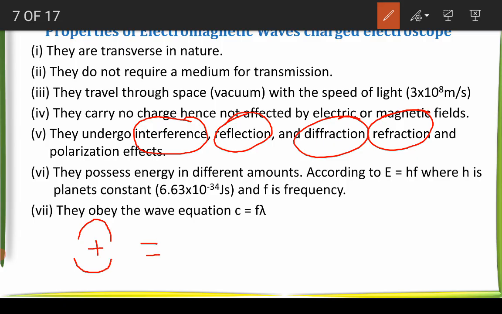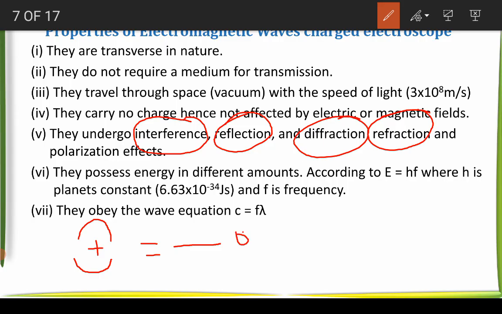These two can interfere with each other by cancelling each other out, so that there is no amplitude, there is no wave. This is called destructive interference, as you learned in Form 3.